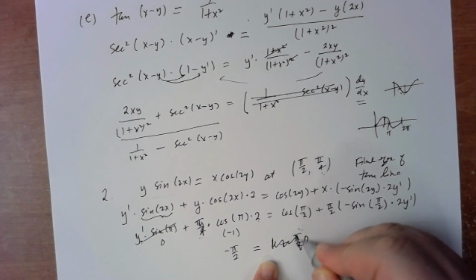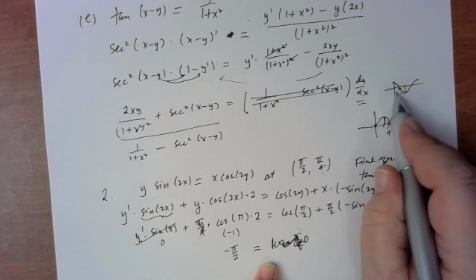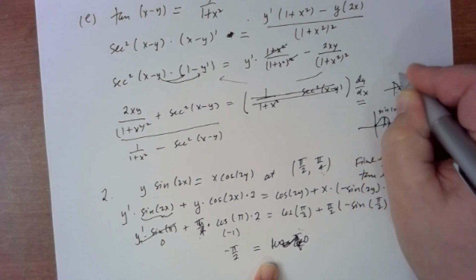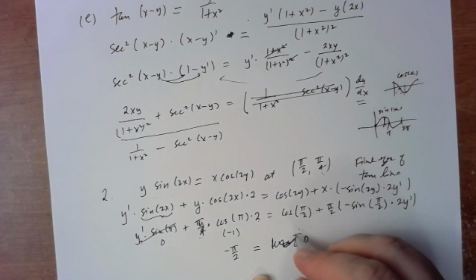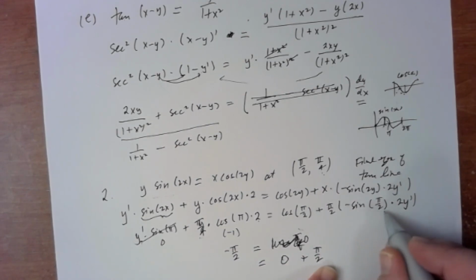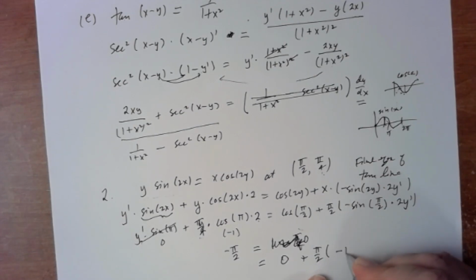Okay, maybe we should reevaluate this side. Cosine of pi over 2, there's my cosine function up here, not here. This is my sine, and this is my cosine. So cosine of pi over 2 ends up being 0. And then we have our pi over 2, and then sine of pi over 2 is 1, so that's going to be -1 times 2y prime.